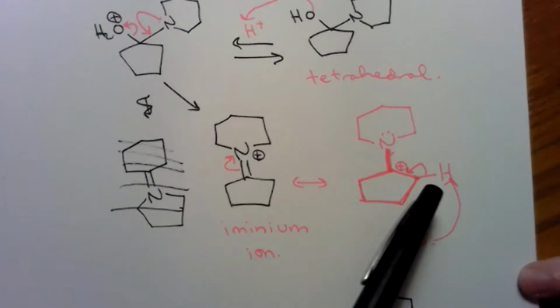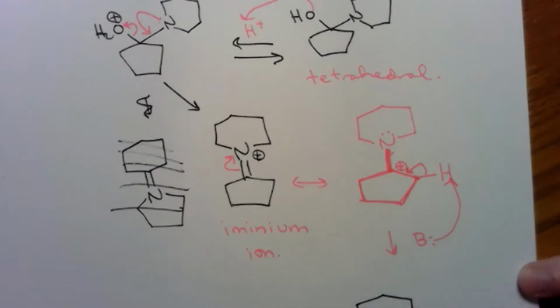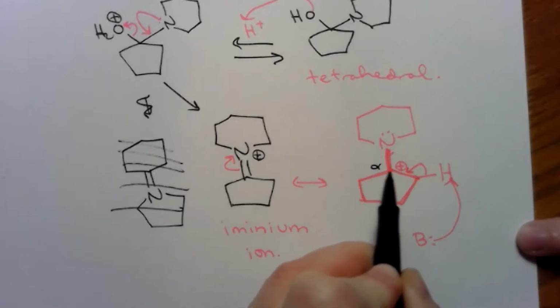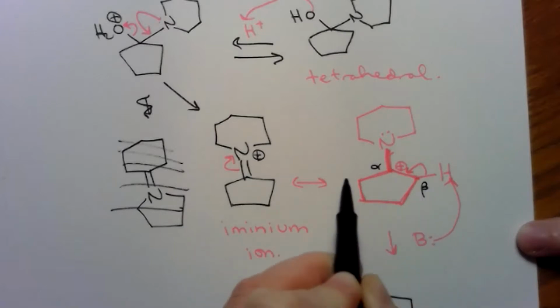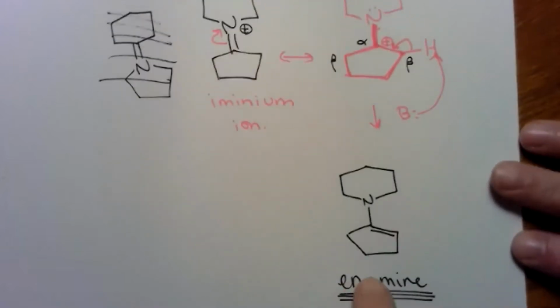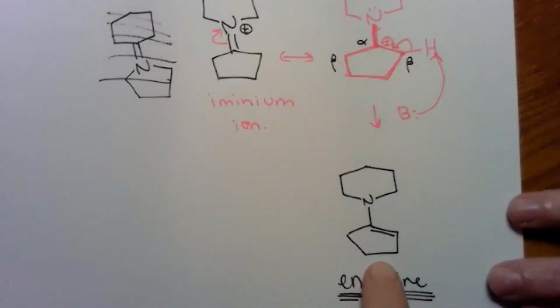Which carbon? The carbon that's next door to your carbonyl in the beginning. If you picture this back to when we talked about E1 eliminations, this carbocation is your alpha. Next door to alpha is beta. So you're really losing a beta hydrogen to make your final ene in your enamine.